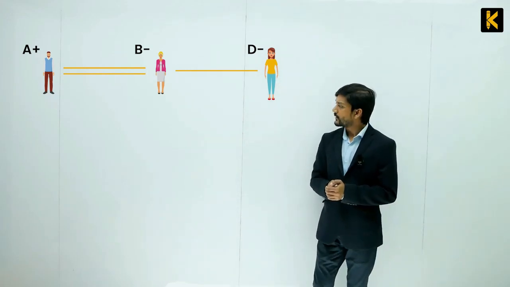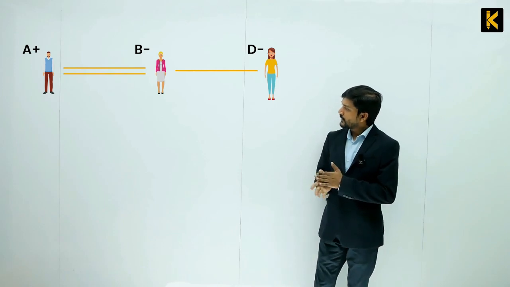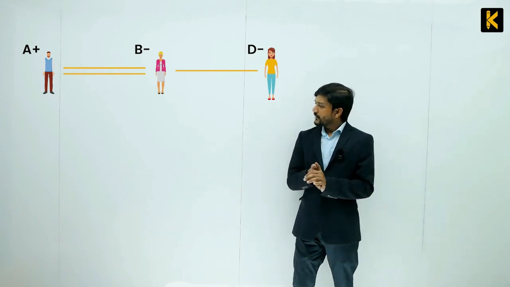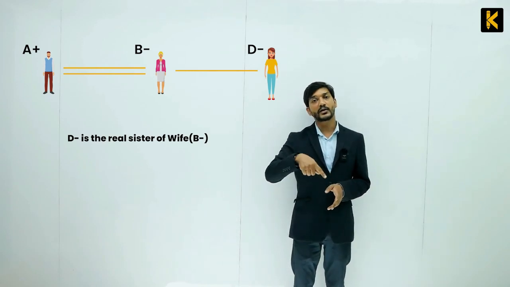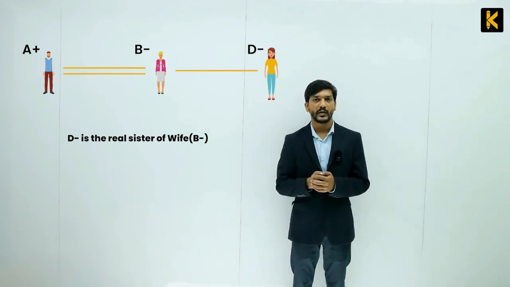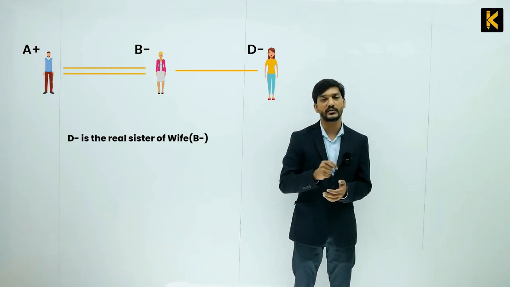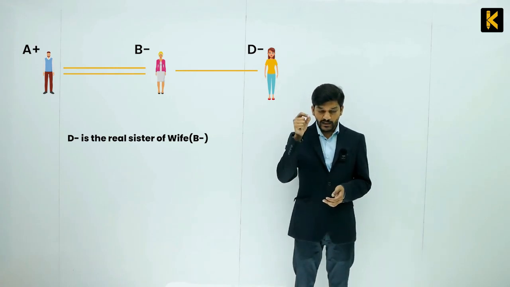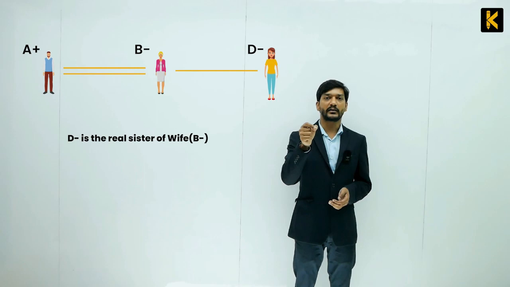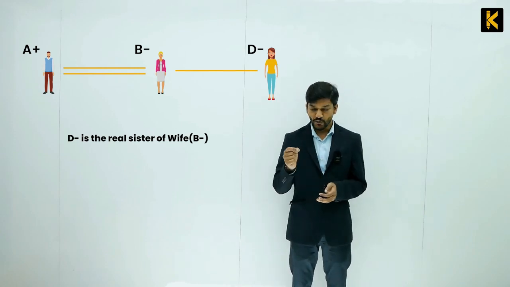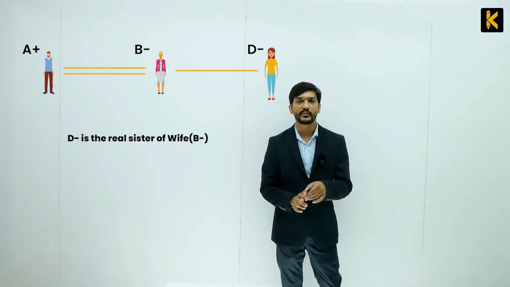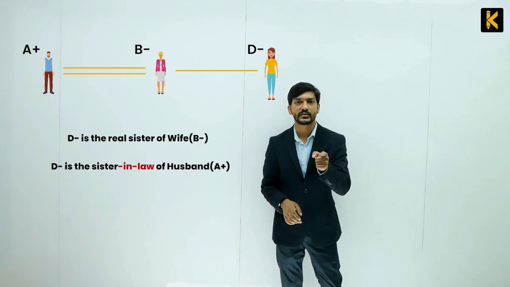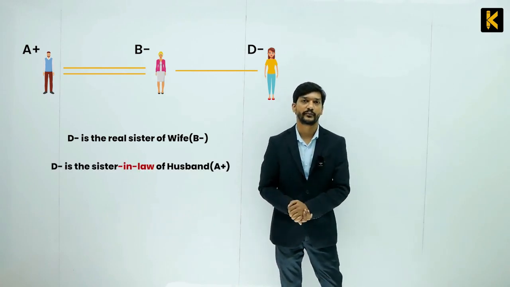Okay. So now think please. This real sister of wife will be the sister of husband as well. But you will not say just sister. To be technically correct, 100% correct, you should not be saying just sister. You should be saying, to be specific, sister-in-law.